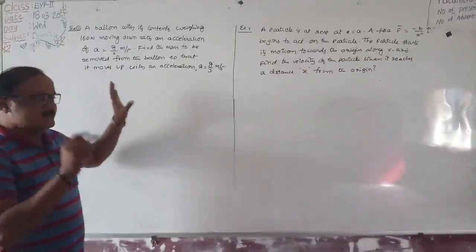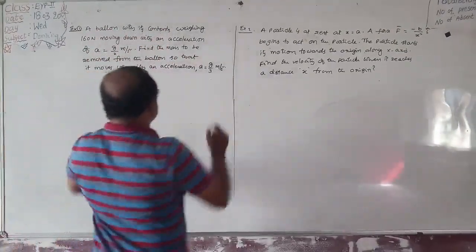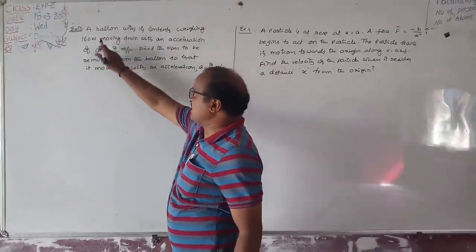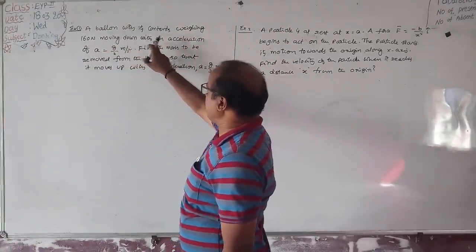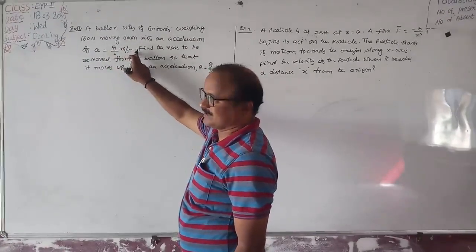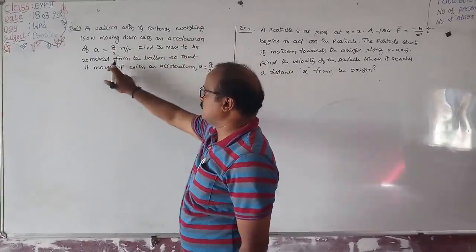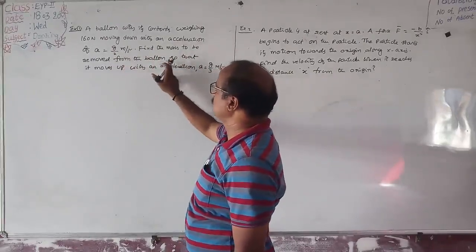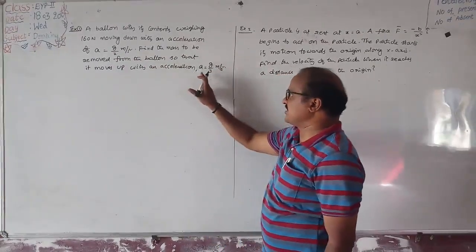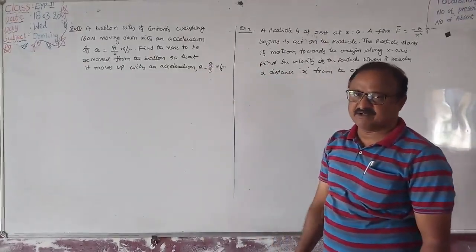The first problem is, see here, a balloon with its contents weighing 160 newtons, moving down with an acceleration of a is equal to g by 2 meter per second square. Find the mass to be removed from the balloon so that it moves up with an acceleration a is equal to g by 3 meter per second square. This is the requirement.